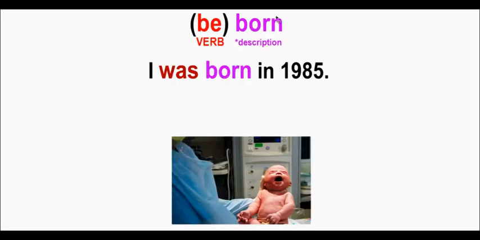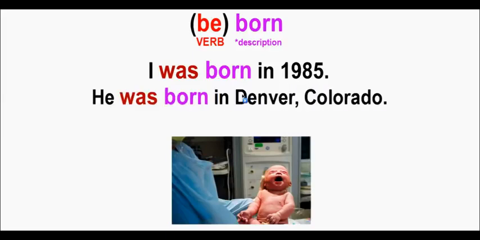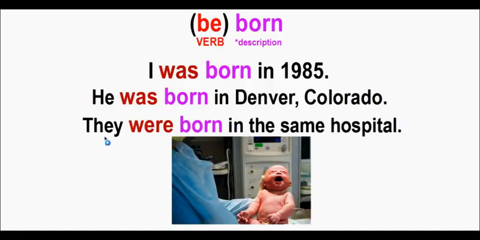Very important, when we use born, we always use the verb be. And in the past tense, we use I was born in 1985. Or, for example, he was born in Denver, Colorado. Or they were born in the same hospital.